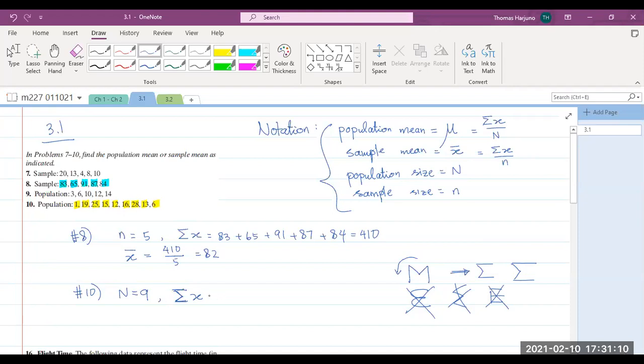Now what is the sum of x? Then I add 1 plus 19 plus 25 plus 15 plus 12 plus 16 plus 28 plus 13 plus 6. In my test, you don't need to write this down. You just use your calculator right away.